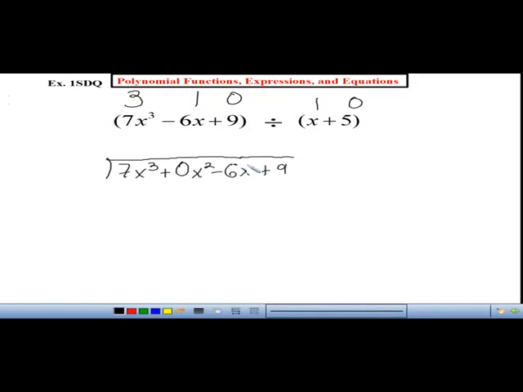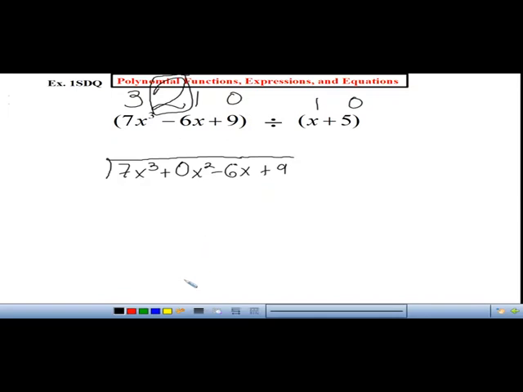And in class, I would ask, turn to your neighbor, let them know where I got the 0x squared from. If we look at the dividend here, what is the missing power? The missing power is the 2. That's why we need to fill in the place with 0x squared, in order for it to continue being in standard form.